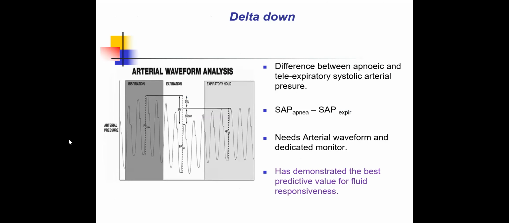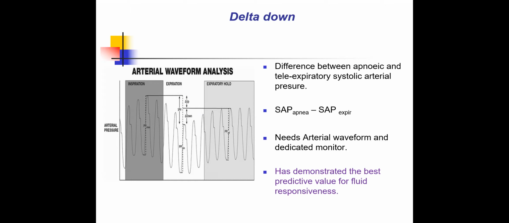So let us discuss: the difference between apneic and tele-expiratory systolic arterial pressure is the delta down. Here we can see in this graph, this is the maximum arterial pressure during the inspiration phase. This is the minimum of systolic arterial pressure during expiration.